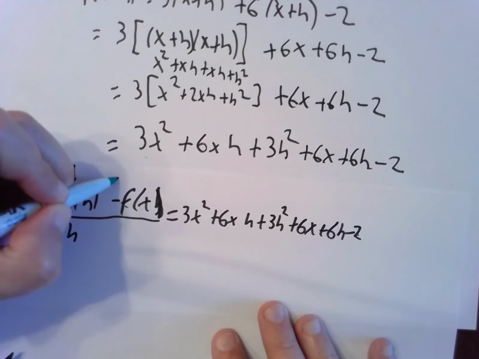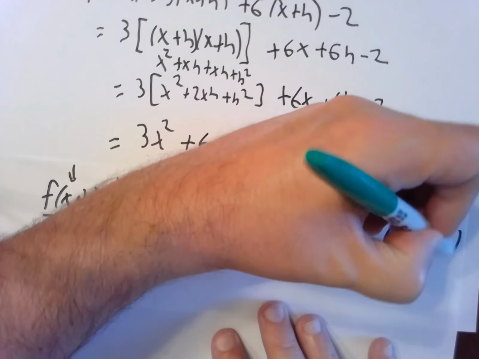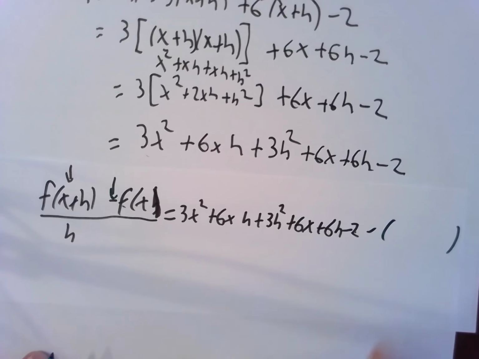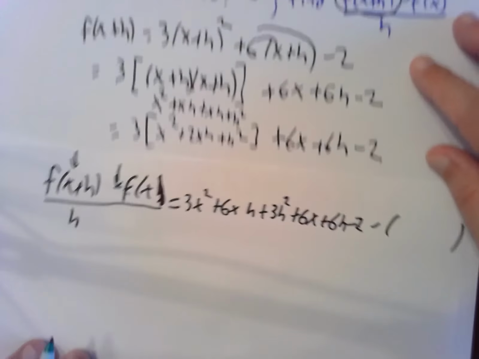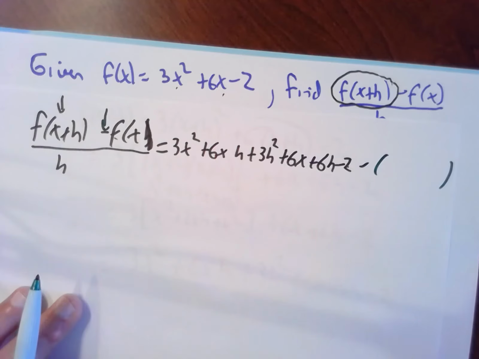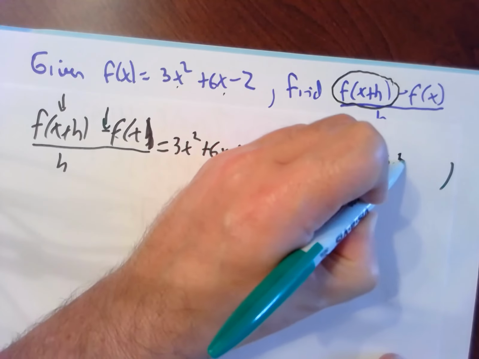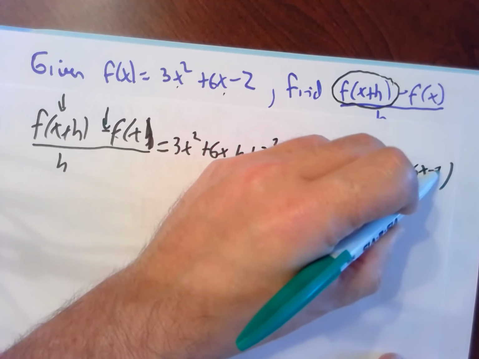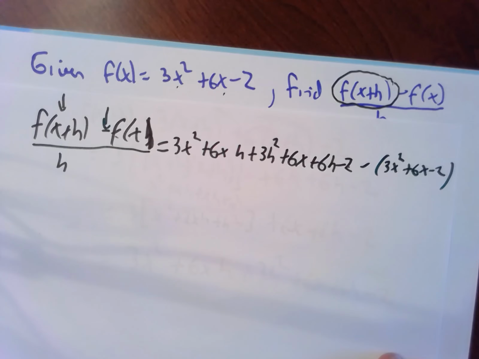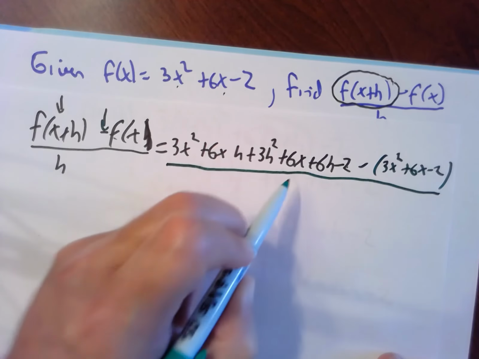Minus f of x. So let's put our minus in parentheses. What was f of x? That's the original function, 3x squared plus 6x minus 2. All over h.